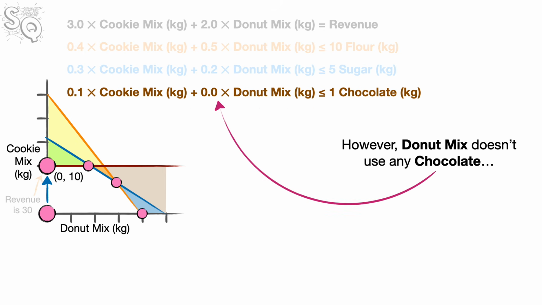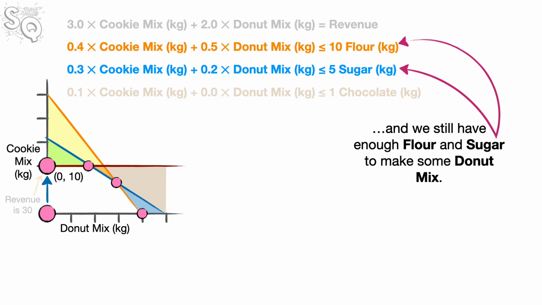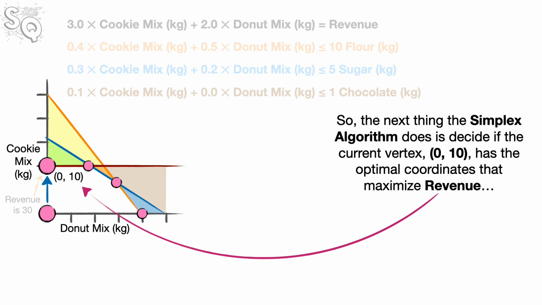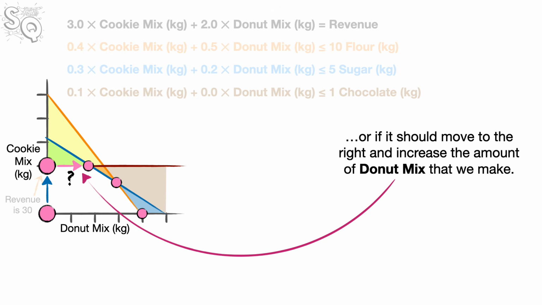However, donut mix doesn't use any chocolate, and we still have enough flour and sugar to make some donut mix. So the next thing the simplex algorithm does is decide if the current vertex, 0, 10, has the optimal coordinates that maximize revenue, or if it should move to the right and increase the amount of donut mix that we make.